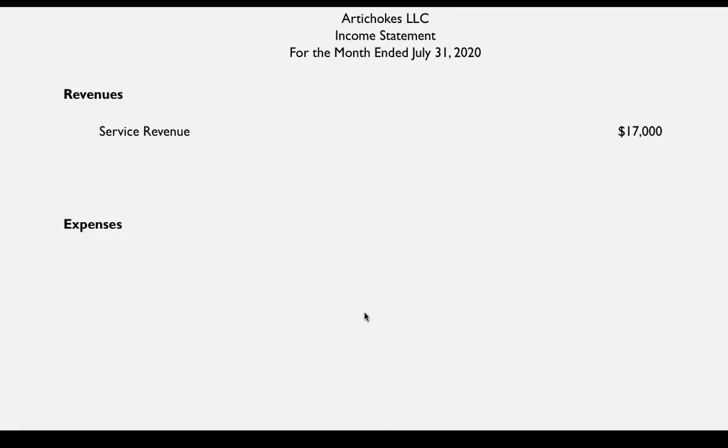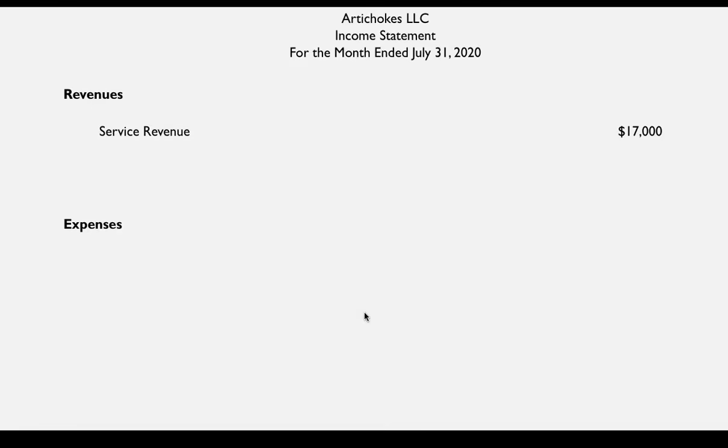We had service revenue. So we can list service revenue, and we can put that $17,000 that we get from the adjusted trial balance, right? We're taking all of our numbers from that adjusted trial balance now. We take that $17,000 and we put it on the far right side of the income statement here.